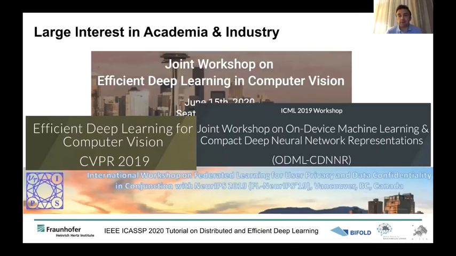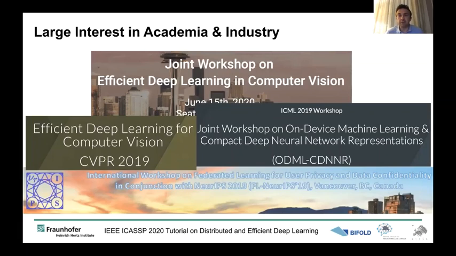As you can see, there is also a large interest in this topic in academia and in industry. So we have seen many workshops, many tutorials on these topics at recent conferences like CVPR, ICML, NIPS, or NeurIPS.